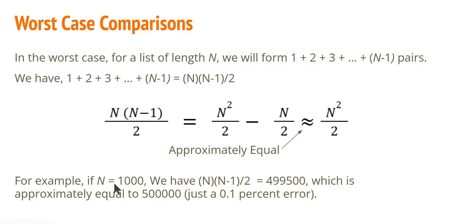So for example, if I were to take n of 1000, the exact number of n times n minus 1 by 2 is 499500. But if I were to ignore the n by 2, I'm just making a 0.1% error, which is minuscule. And as n becomes larger, say a million, this error will become even smaller.